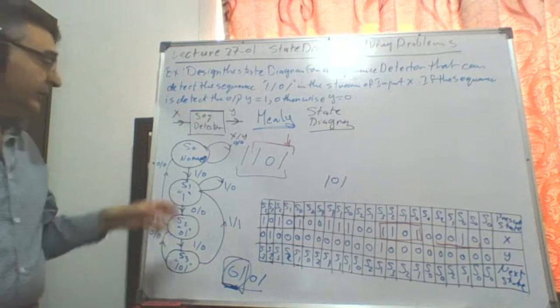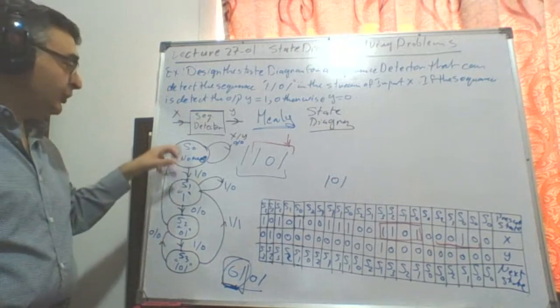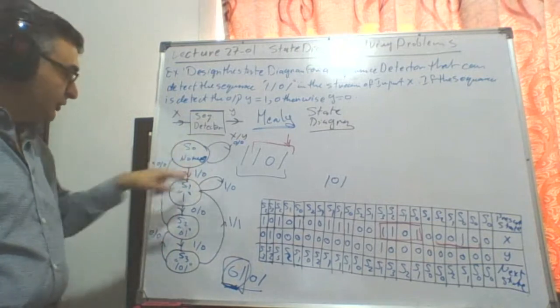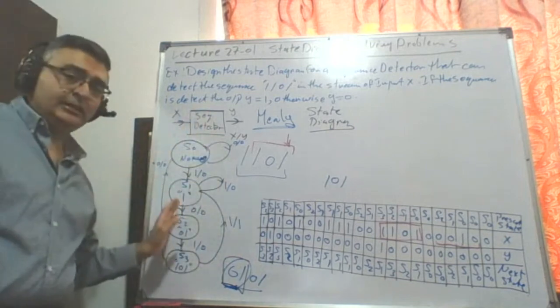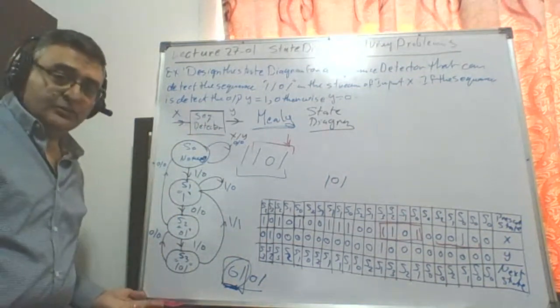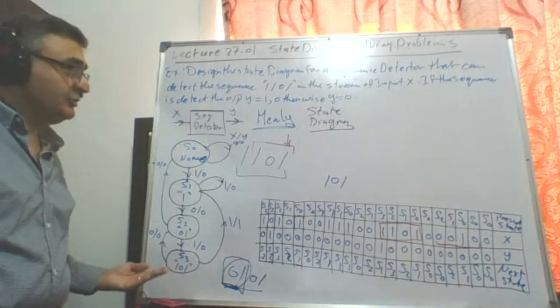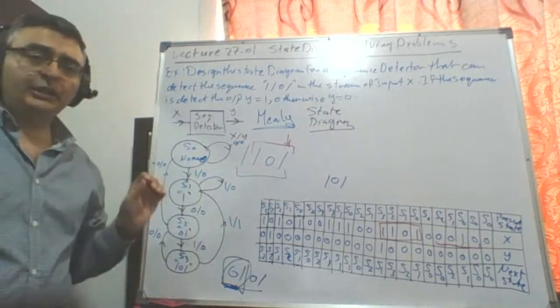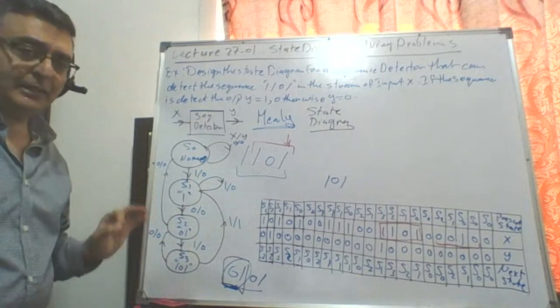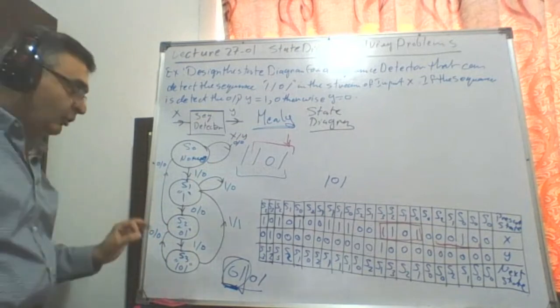So if you have 2 arrows for each state, 0 and 1, then you have completed your state diagram. This state diagram represents a sequence detector that detects this sequence. Now we need to shed some light on some important observations.